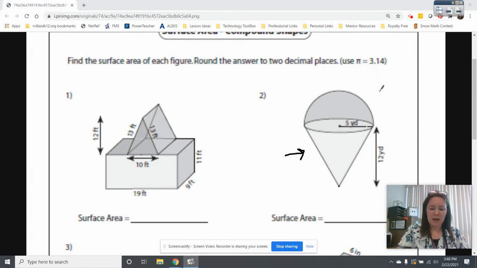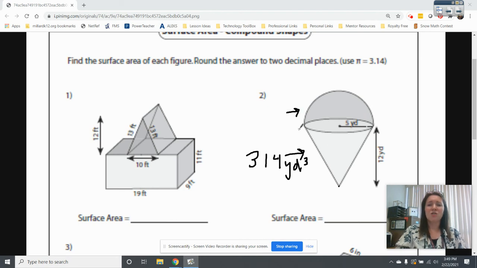So pi times 5 squared, times the height of the whole shape. Now, because it's a cone, we also multiply by 1/3 or divide by 3. It's the same thing. And this ends up as 314 yards cubed for the volume of this cone.